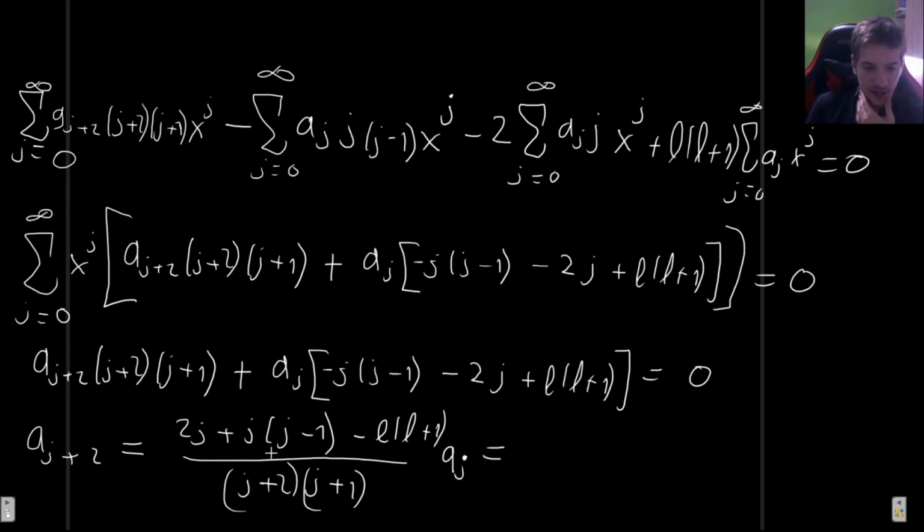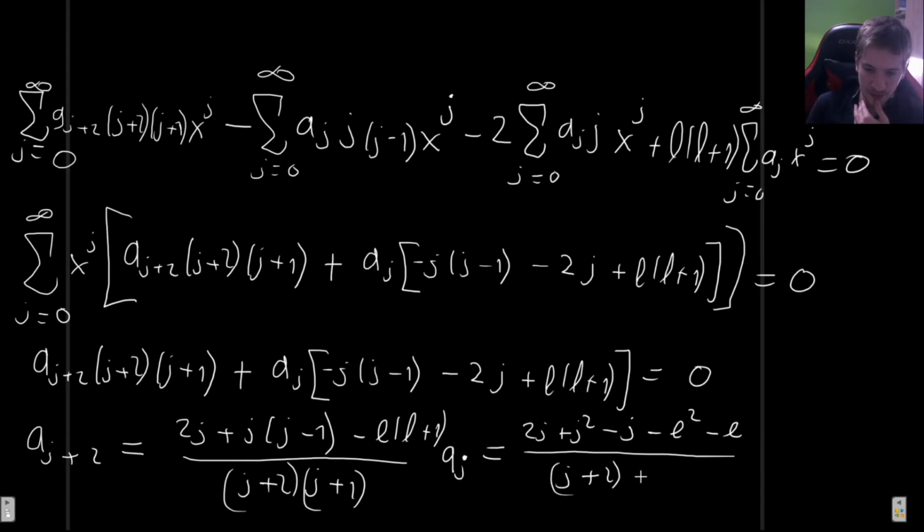Now we can still manipulate this algebraically a little by multiplying through both of these parentheses. So we get 2j plus j squared minus j minus l squared minus l, divided by the same thing. Right away we can see we had 2j and minus j, so let's just cancel those out.